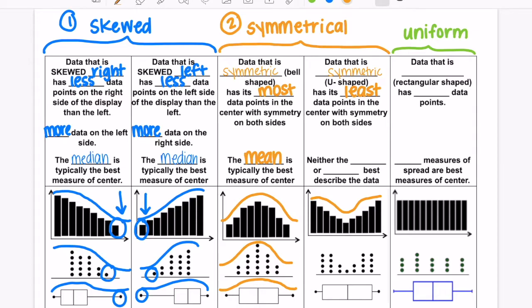In this case, because there really isn't a lot of data in the middle, your measure of center isn't going to do you much good. Neither the mean nor the median is going to be a good measure of center. That's for any data distribution that has a U shape.